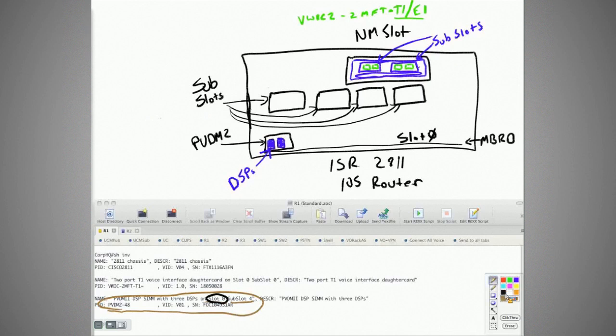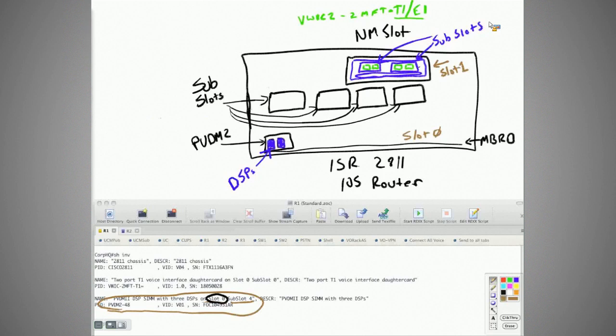So this network module here, I'm actually going to write these in brown so they correlate with the markings down here. This network module is going to be slot 1. Count canonically, of course, beginning at 0.